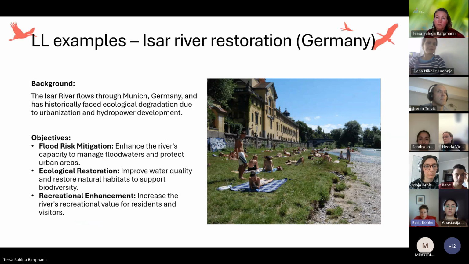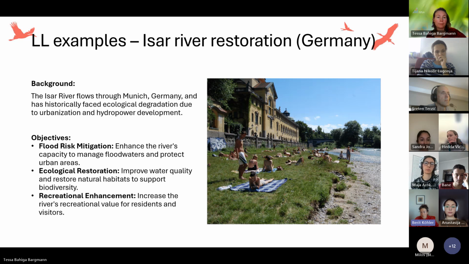I would also show you a few living lab examples from the field of nature-based solutions. And one is actually a rather famous one, referring to the Isar River Restoration Project in Munich in Germany.